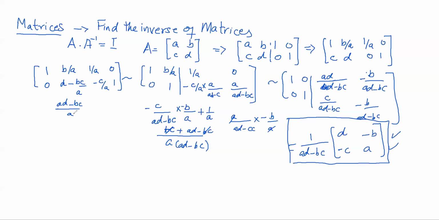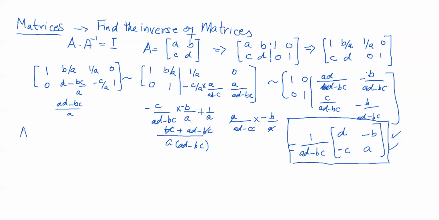So let's see some examples for the inverse of the matrix, numerical examples. So this I just did to show that for the 2 by 2 matrix, you can find the inverse of the matrix by a formula as well.